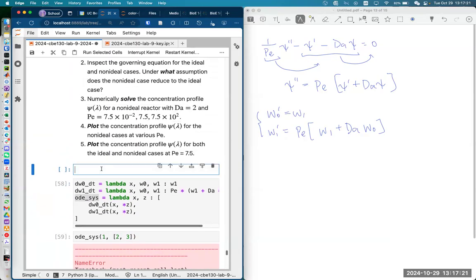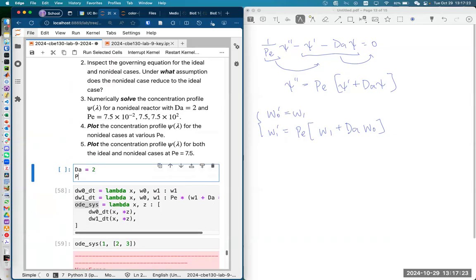Here we want dA is equal to 2, and PE is a list of 7.5 times 10 to the power of minus 2, 0, and 2. So 10 raised to the power of np.array of minus 2, 0, and 2 in the brackets.